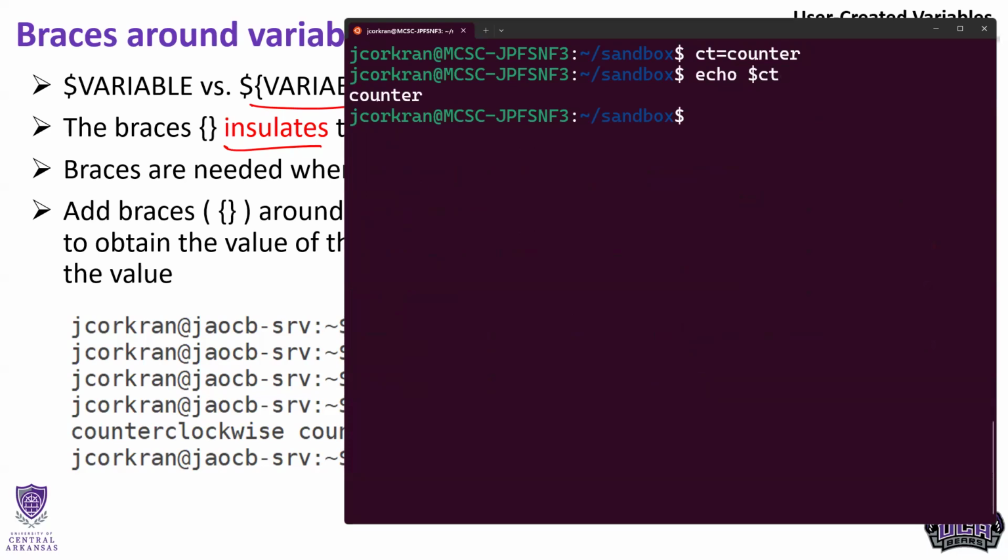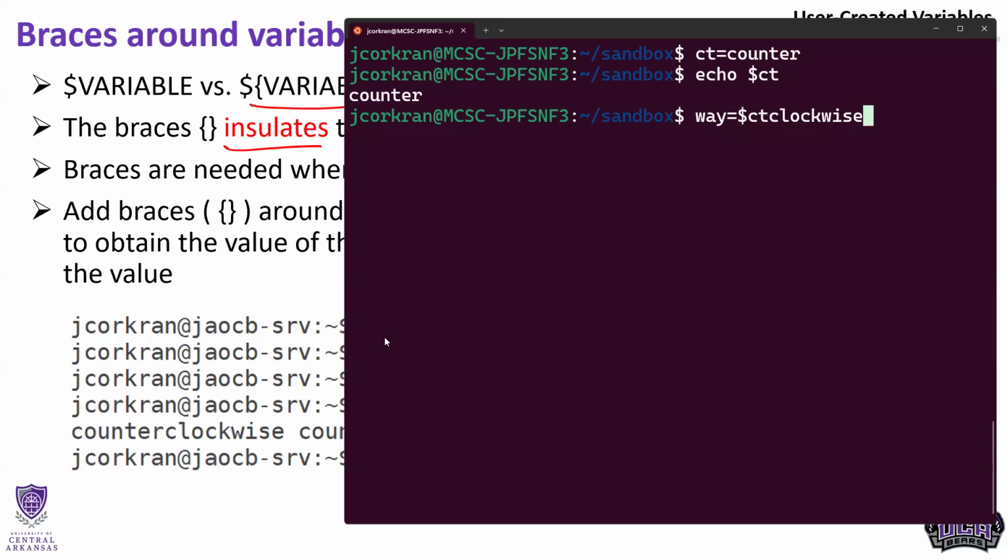Now, if I was to come in here and say way, and set it equal, and then reference that variable, I say $CT, and then I want to add to it, and I say clockwise here. What do y'all think I'm going to get?